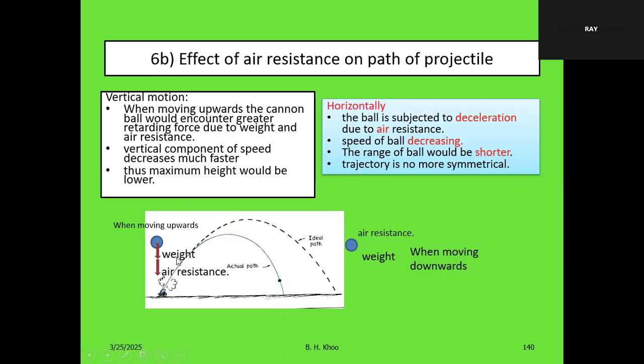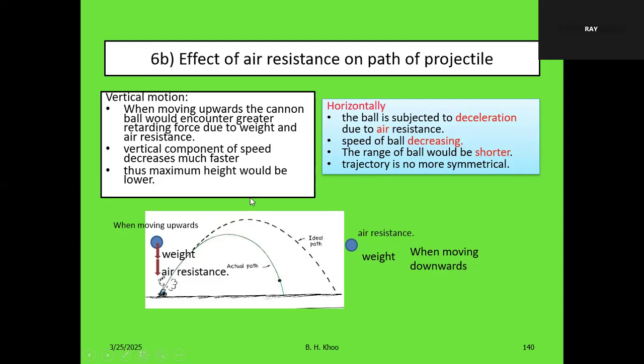So the maximum vertical motion, there is more deceleration, so the vertical height is going to be lower. Horizontal motion is subjected to deceleration because of air resistance. Normally uniform velocity, but now the speed decreases, the range will be shorter.